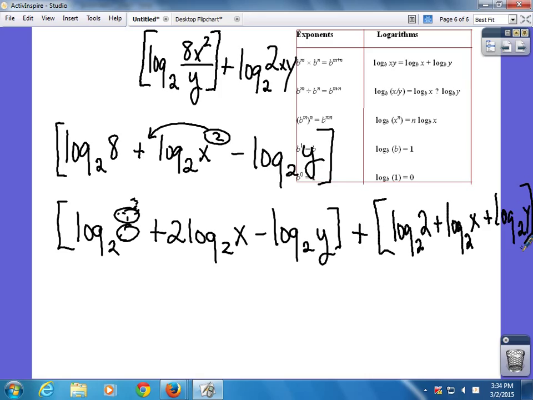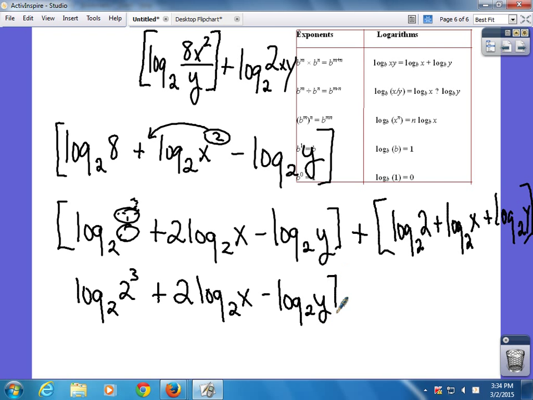Now, again, there's a couple of things that we could do, and I'm going to put this in here because you need to be aware of it. This one right here can be rewritten as log base 2 of 2 to the third plus 2 log base 2 of x minus log base 2 of y, plus, what's log base 2 of 2? 1, plus log base 2 of x plus log base 2 of y.